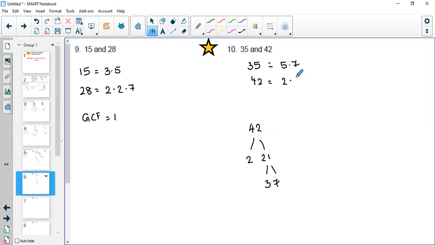So this is going to give you 2 multiplied by 3 multiplied by 7. Which is the common factor here? The only common factor we have is 7. So the GCF is going to be 7. Never do 7 multiplied by 7, because we consider these two sevens as one factor. Okay, so the GCF of this is going to be 7.